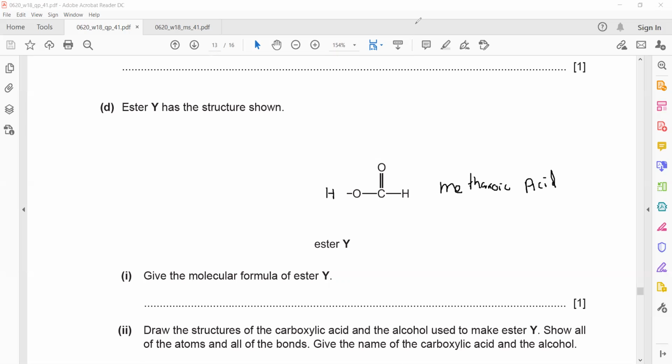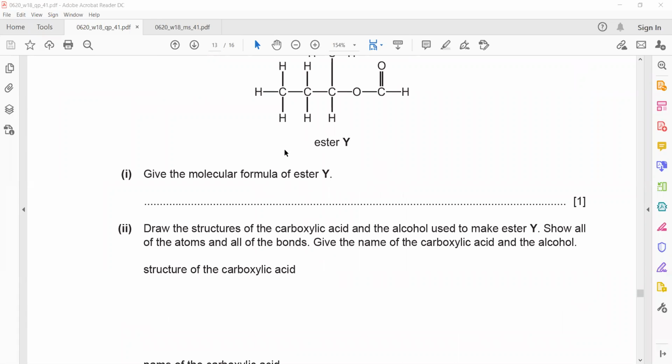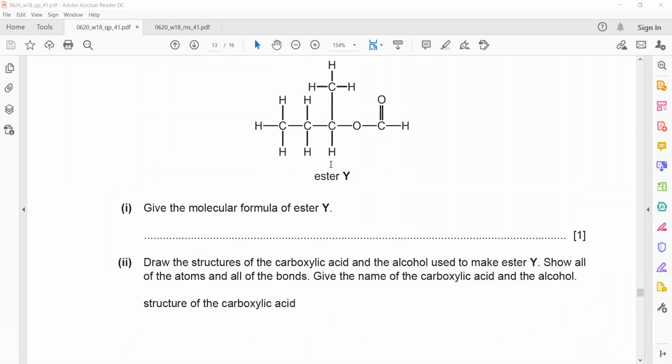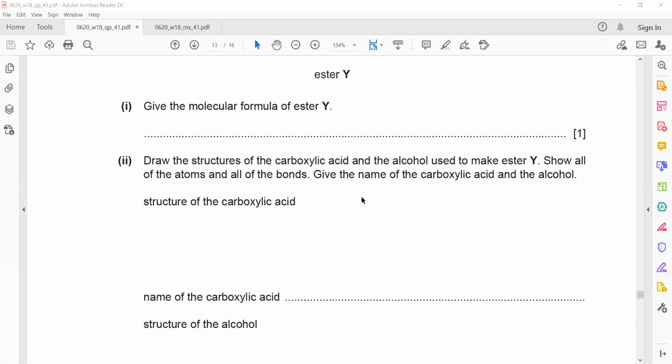And for the alcohol, if I want to identify its structure, we name the ester: the first name of the ester is coming from the alcohol and the second name is coming from the carboxylic acid. In the question, they did not ask to name this ester. They are saying draw the structure of the carboxylic acid and alcohol.